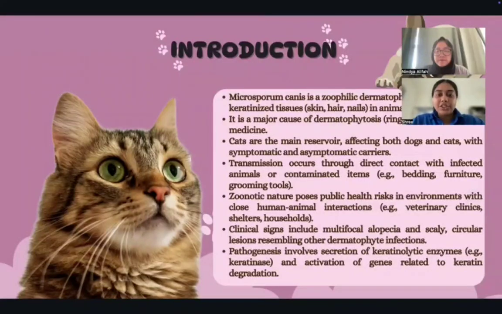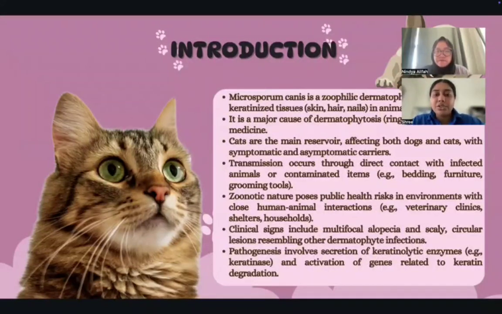Introduction. Microsporum canis is a zoophilic dermatophyte fungus impacting keratinized tissues, for example skin, hair, and nails in animals and humans. It is a major cause of dermatosis, ringworm, in veterinary medicine. Cats are the main host, but it affects both dogs and cats, with symptomatic and asymptomatic carriers.